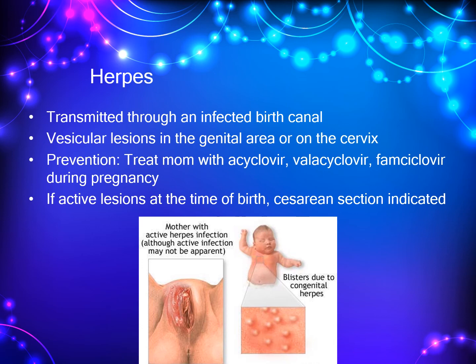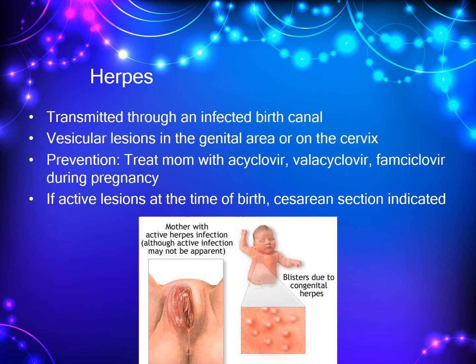You may or may not be able to see them, but when the baby comes in contact with them on their way through the birth canal, that is how they are infected. We are going to try to prevent the transfer to the baby by treating mom with acyclovir, valacyclovir, or famciclovir during pregnancy.